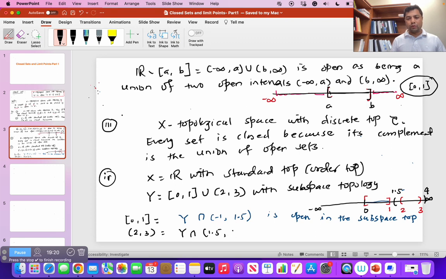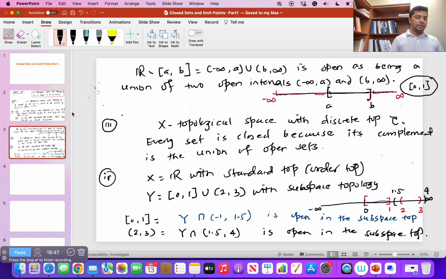Then by the definition of subspace topology, this is an element of the subspace topology. That means 2 to 3 is open in the subspace topology.